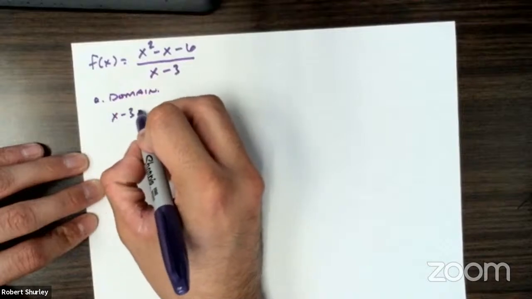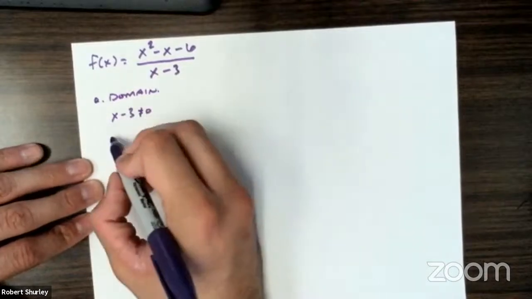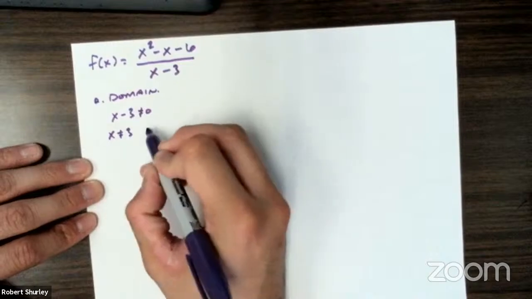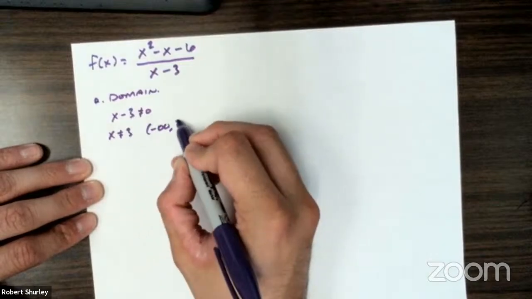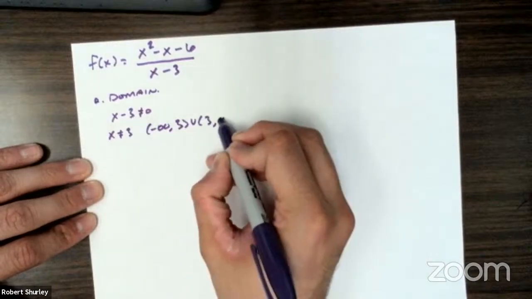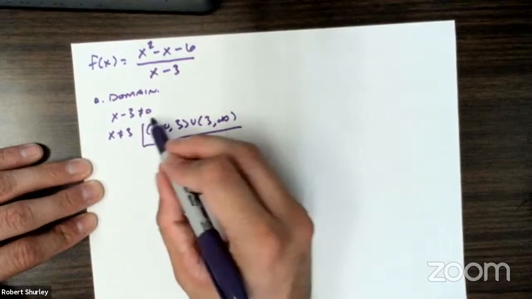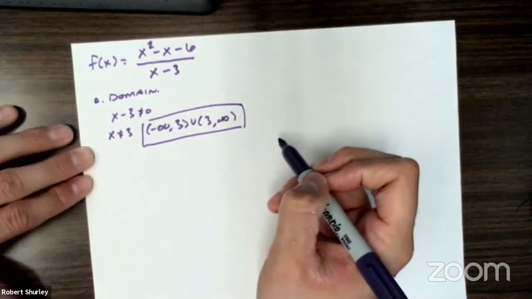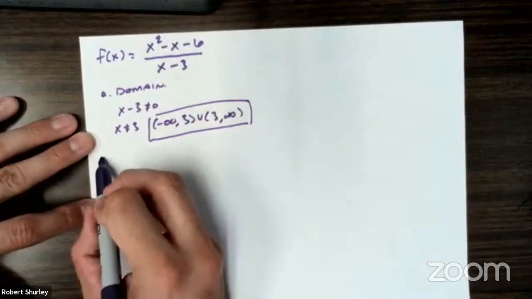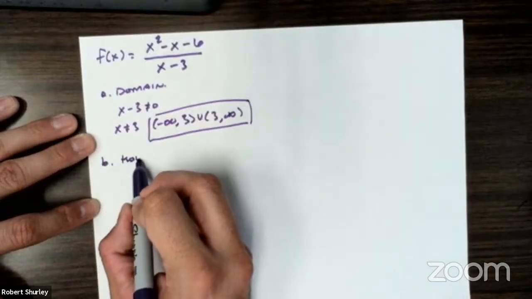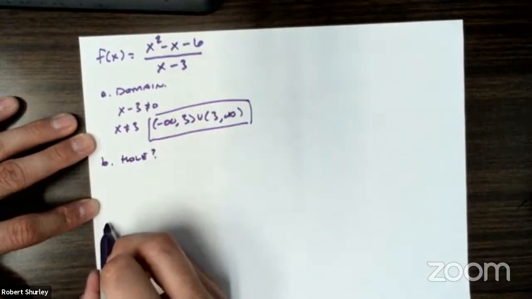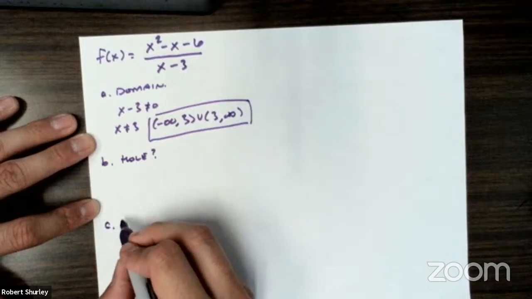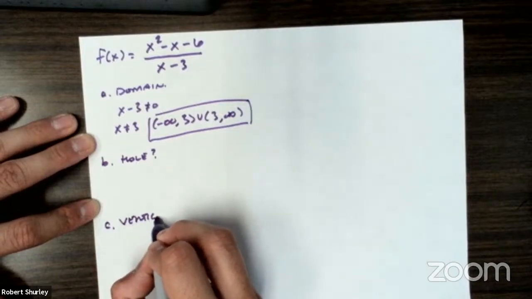So x minus 3 can't be 0. Therefore, x can't be 3. And we know, because we've done this 3 times now, I need to get a little more original with these examples. Boom. And now the next part of this, I'm going to ask you, does it have a hole or does it have a vertical asymptote?